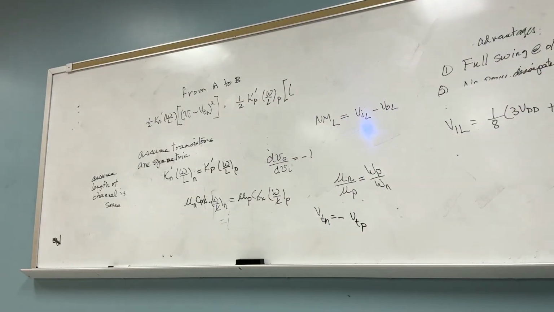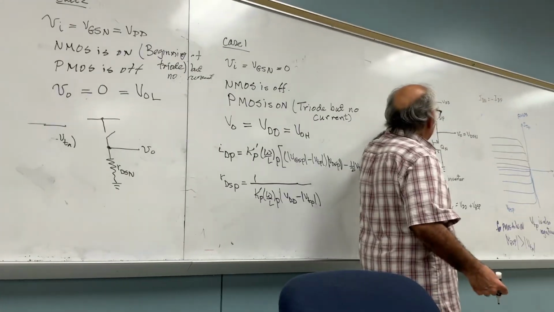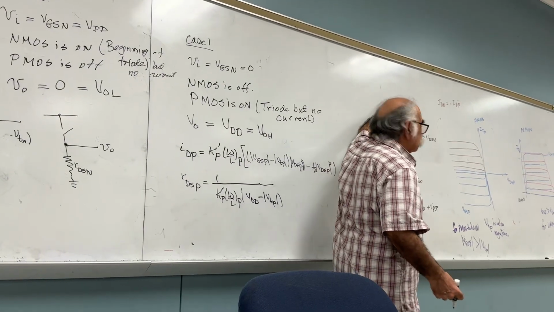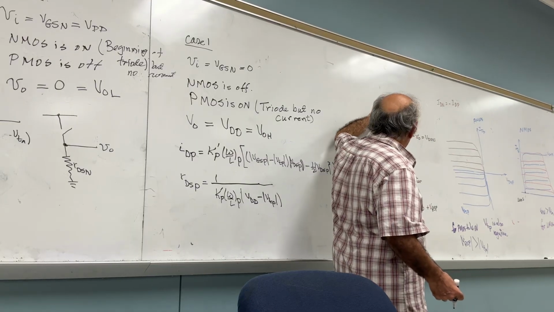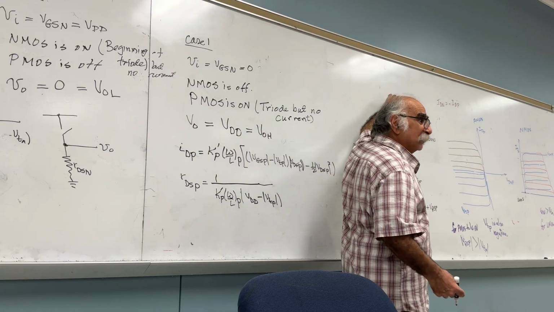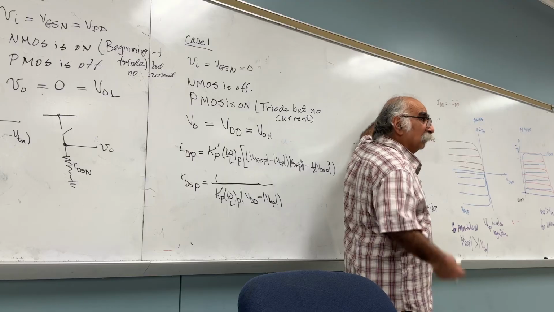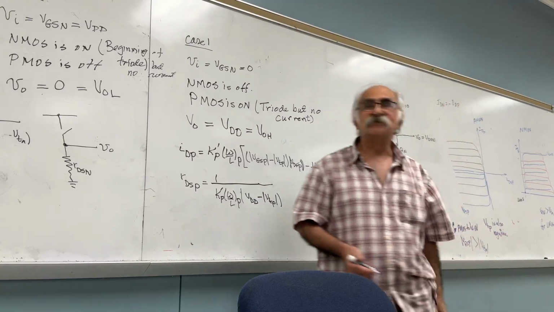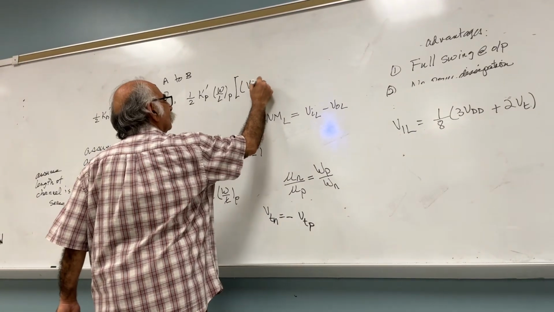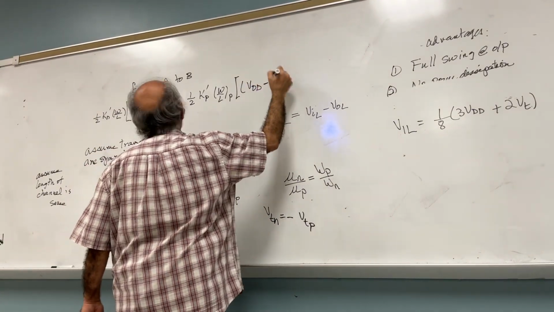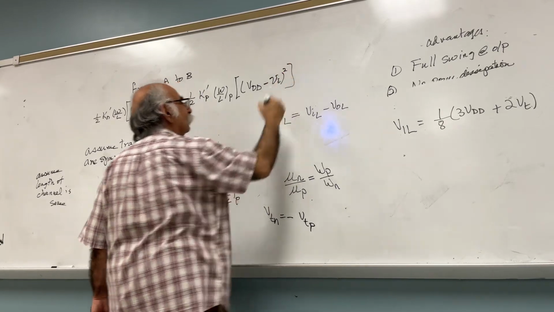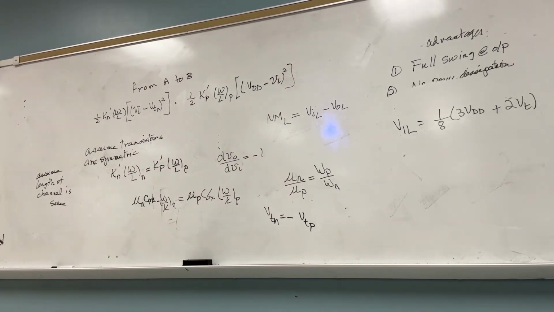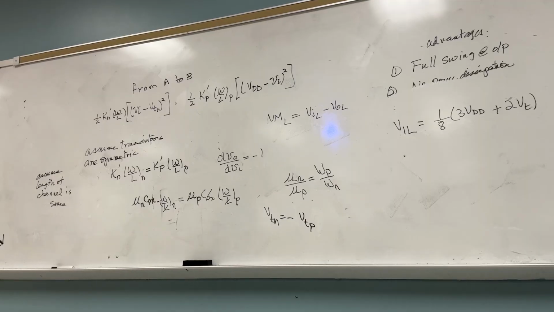Yes? VGSP, what is it? VN minus VDD. But VN minus VDD is negative. I need to take the absolute value. Clear? So what is it? Square. Clear?